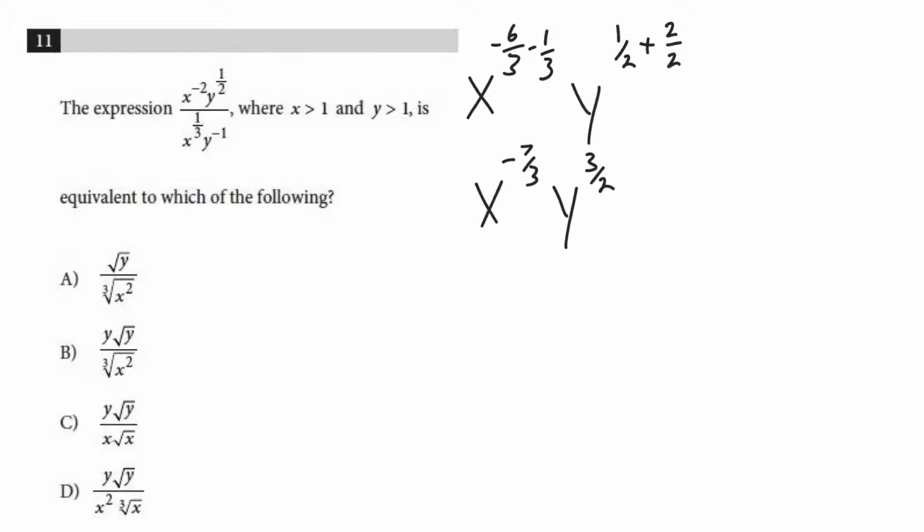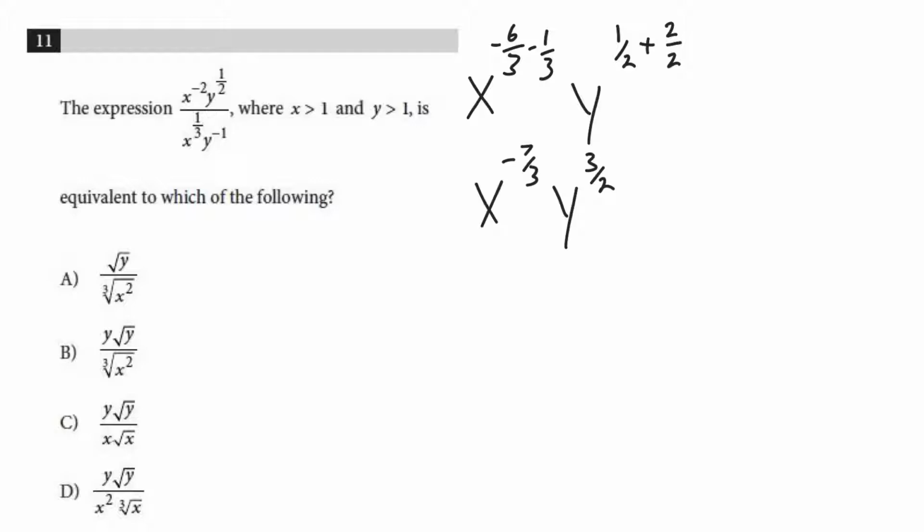Okie doke. Alright, so it doesn't look like we have any fractional exponents in the answers, so we're going to have to turn everything into positive exponents as well as roots. However, when we do that, I think we're going to want to break this up a little bit.